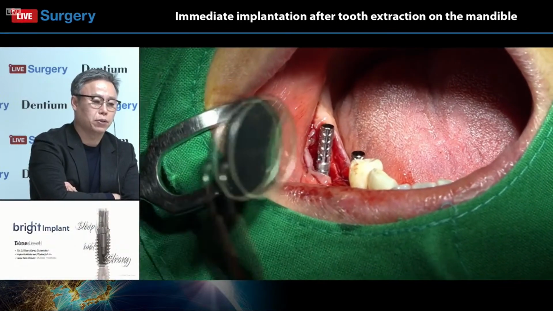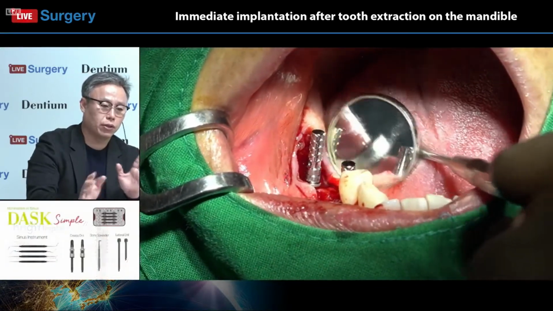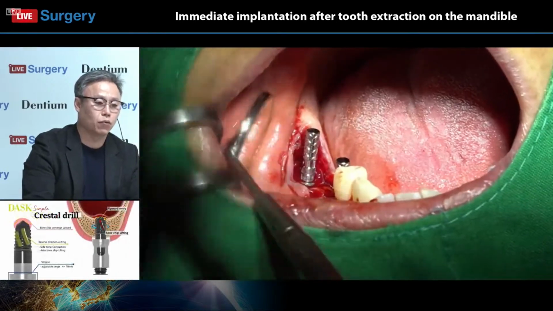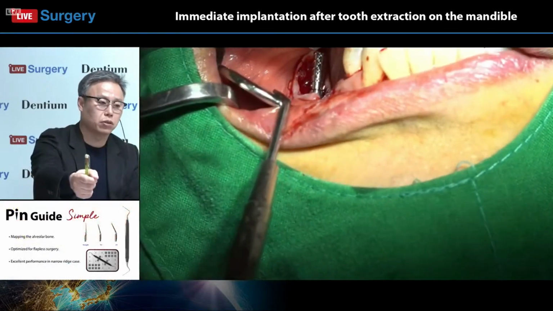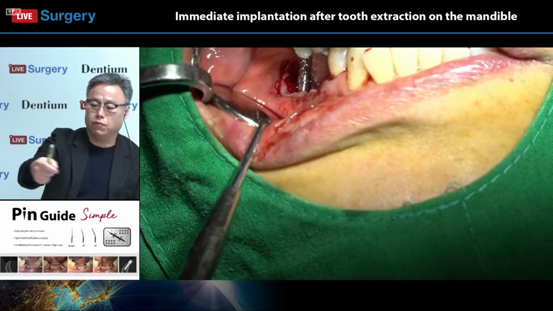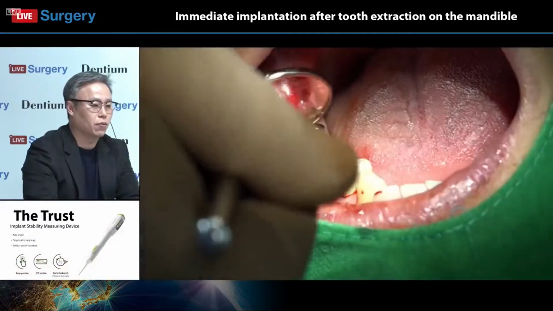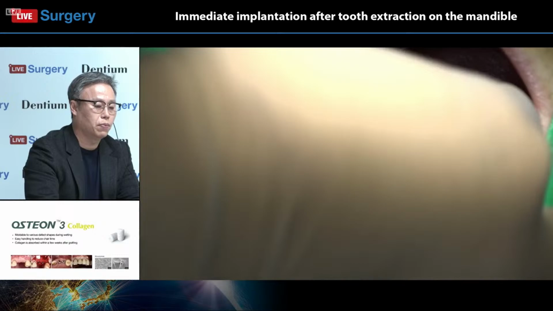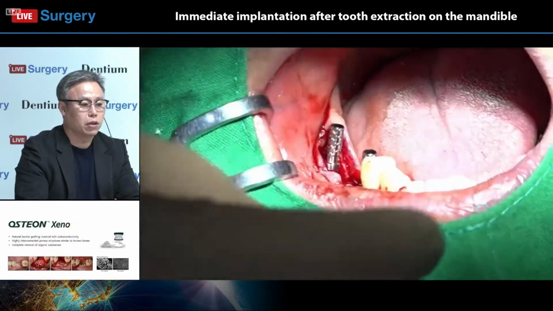If you connect the healing abutment, you can also clearly see the parallelism, whether the implants are parallel to each other. So one best way to make sure is connecting the direction pin and putting the dental mirror on the lingual side. If you look from the outside with the dental mirror view, you can clearly see whether the two implants were placed parallel or not. If not, sometimes we have to change a little bit.